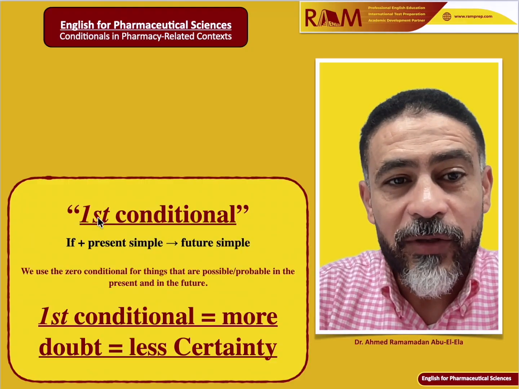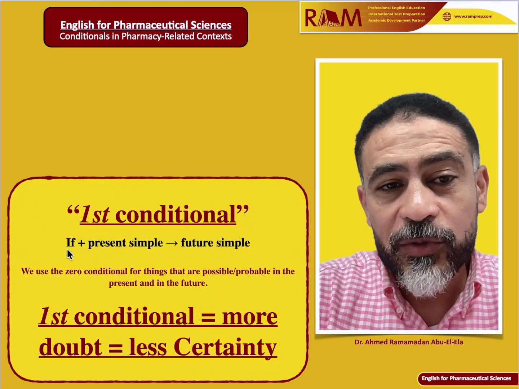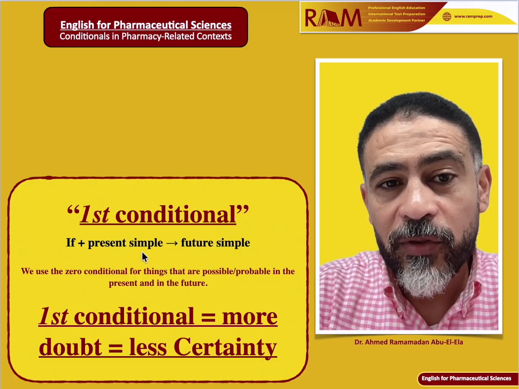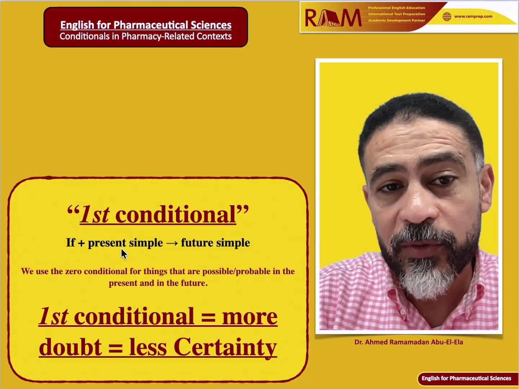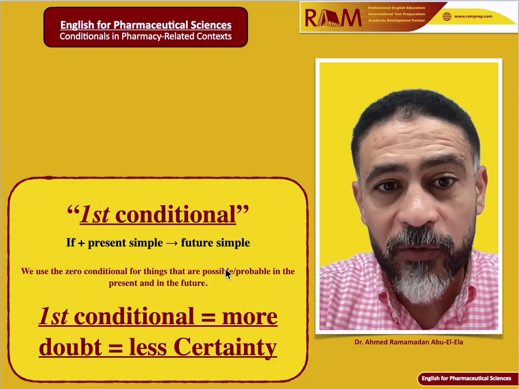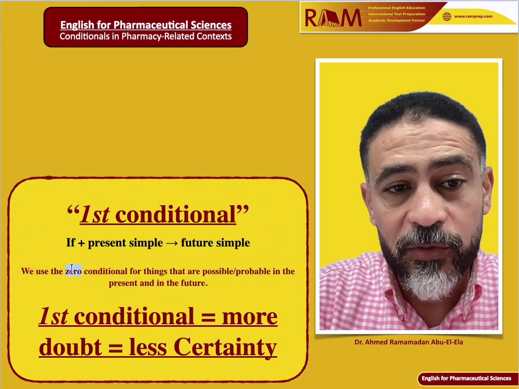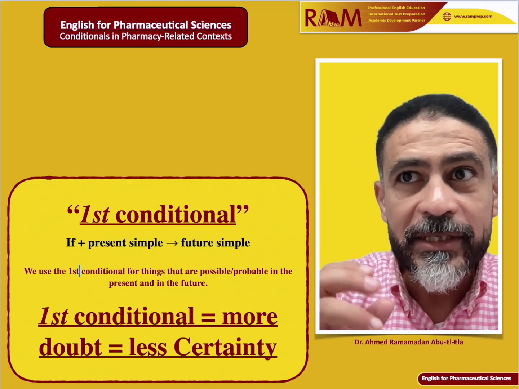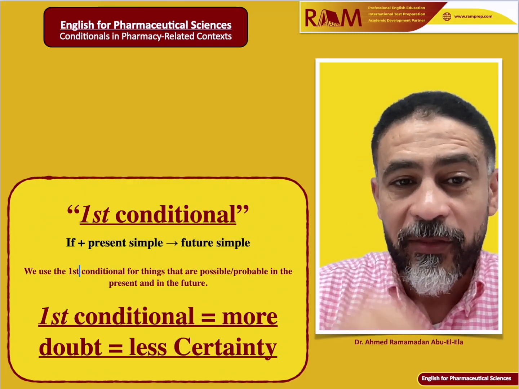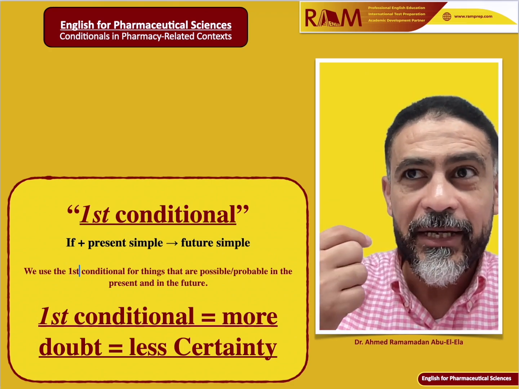So we can conclude that the form of the first conditional sentence is going to be if with the cause in the present simple, and the effect will be in the future simple. And we use the first conditional for things that are possible or probable in the present and in the future, okay?